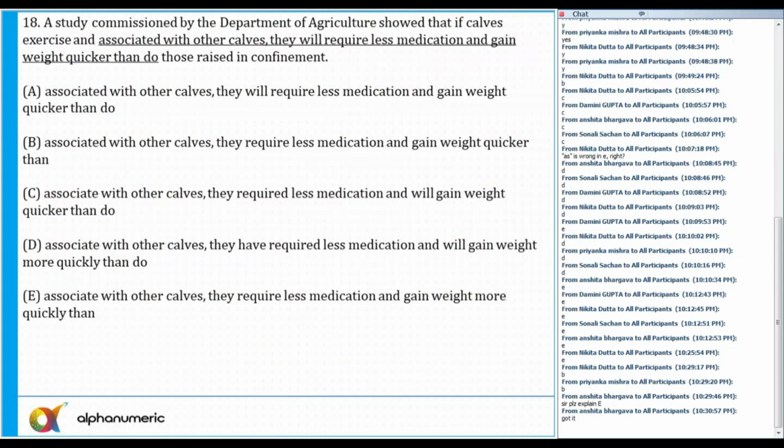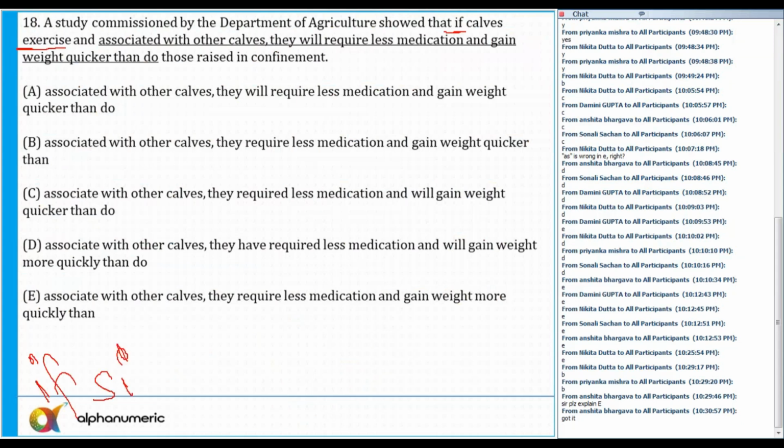For question number 18, a study commissioned by the Department of Agriculture showed, what did it show? That if, now over here we have if, the moment we have if conditionals, then what happens? Then the rules change. If calves exercise, simple present.